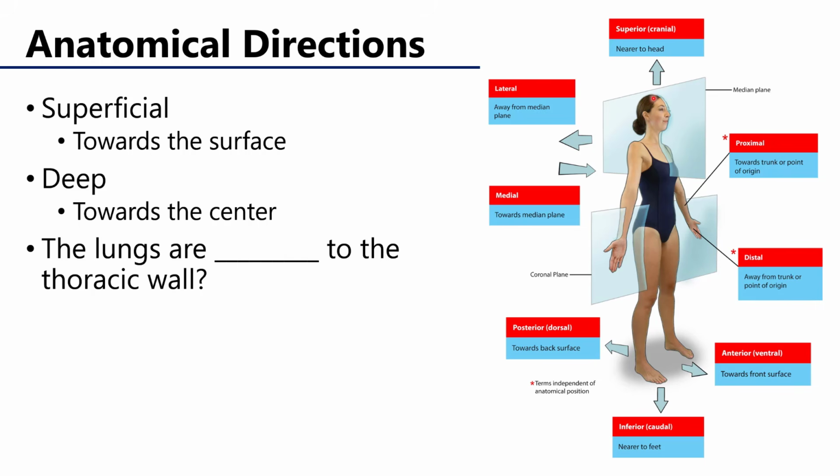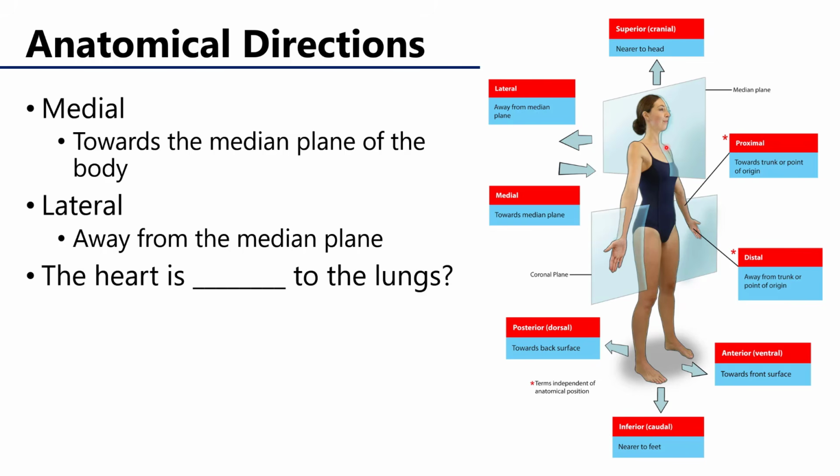So usually we use superficial and deep with reference to depth, where it's more appropriate. For instance, when we think about the lungs within the thoracic cavity, we would say the lungs are deep to the thoracic wall, or that the thoracic wall, inversely, is superficial to the lungs. Let's move on.